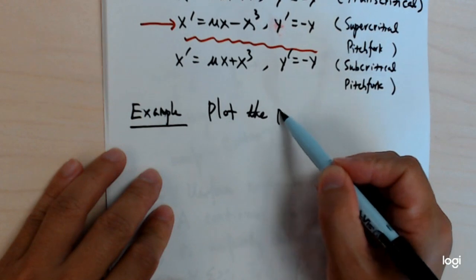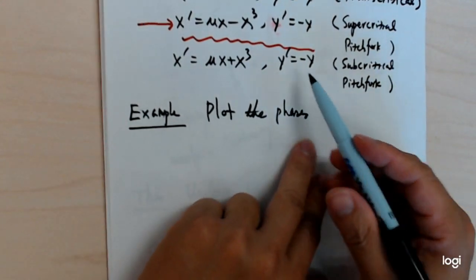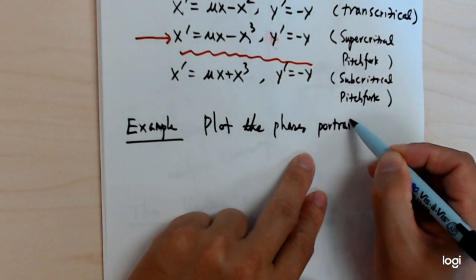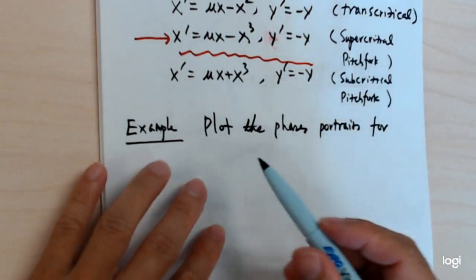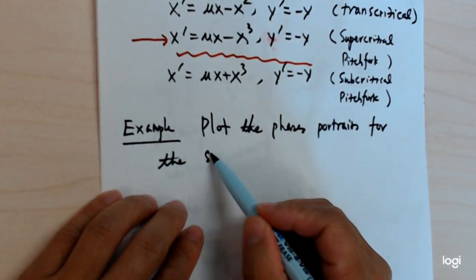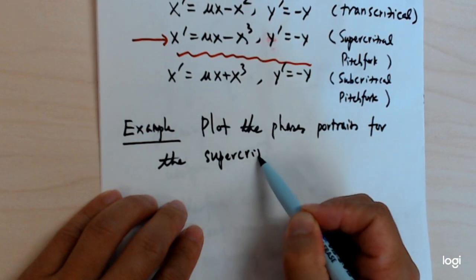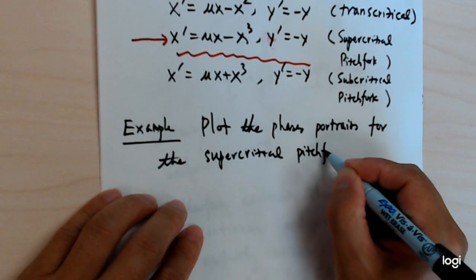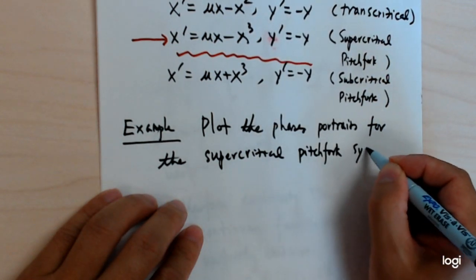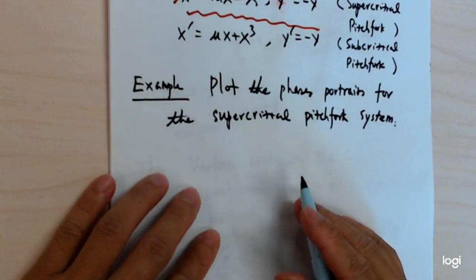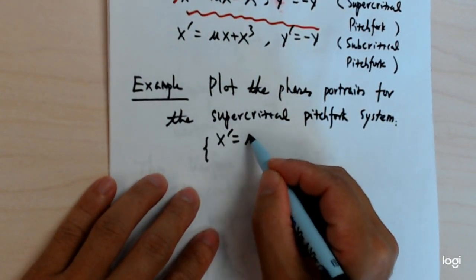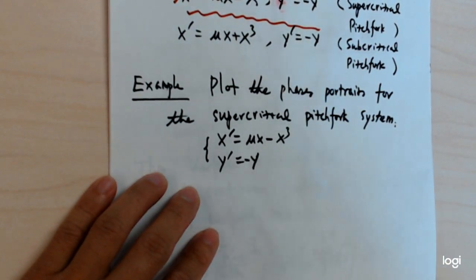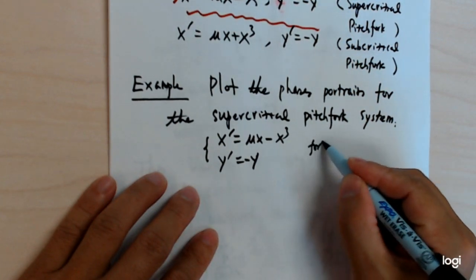Plot different phase portraits when you change the parameter mu here, for different mu values.